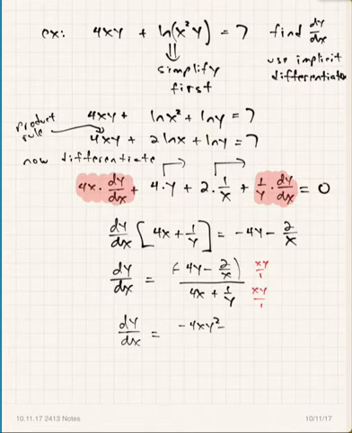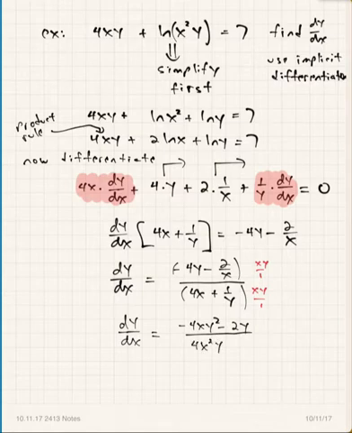You're using the distributive property here to multiply this out. And so this would be minus 2y. And this would all be divided by 4x squared y plus 4x plus x. Like that. And that would be your derivative.